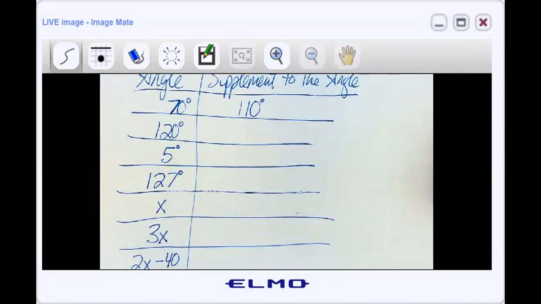Okay, so let's see if we can get some of these filled in. If my original angle is 120, John, what is the supplement? 60?